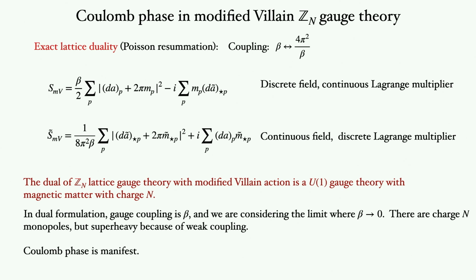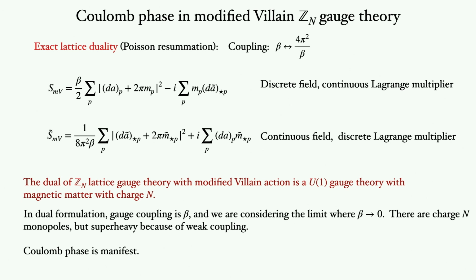Here, the dynamical field is continuous, and the Lagrange multiplier is discrete. It tells you that the dual of Z_N lattice gauge theory with modified Villain action is a U1 gauge theory with magnetic matter with charge N.